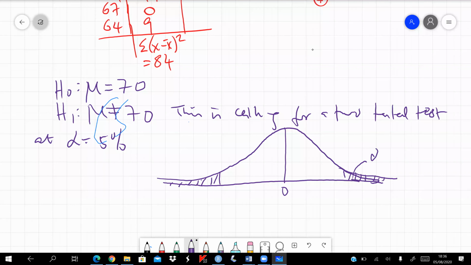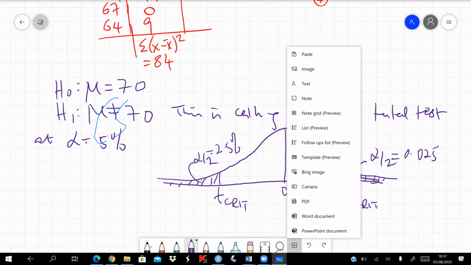So here we need alpha over 2, which is 2.5%, which is again 2.5% or 0.025. So here we are going to have t critical, even here, t critical value. The critical value of t is read from the tables. You read this value from the t distribution tables. I want to show you how the t tables look like.